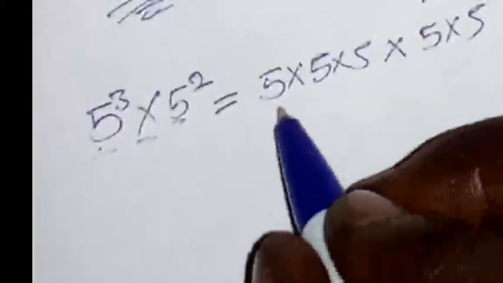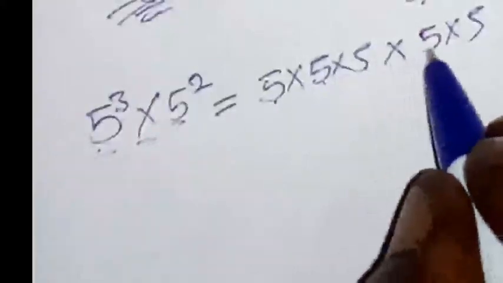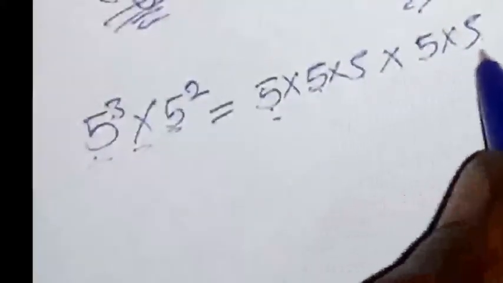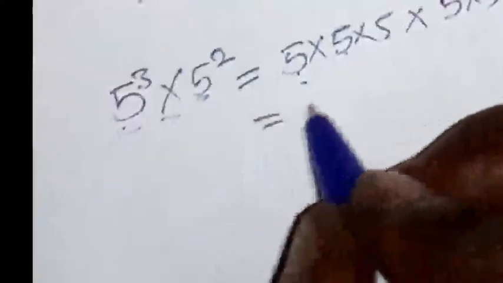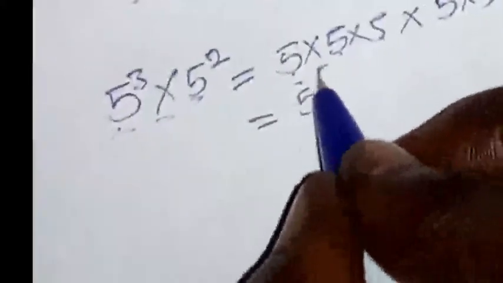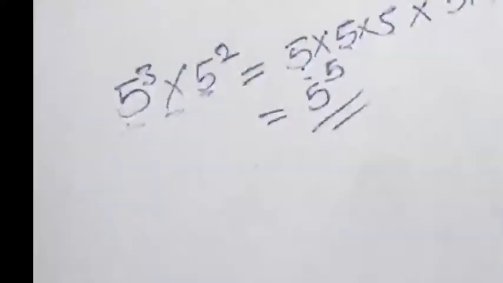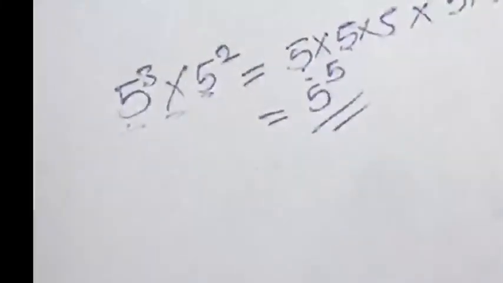So when we see this, 1, 2, 3, 4, 5, we have 5 multiplied by itself up to 5 times. This can also be simply expressed as 5 power of 5 as the last solution. This is what we call addition formula.